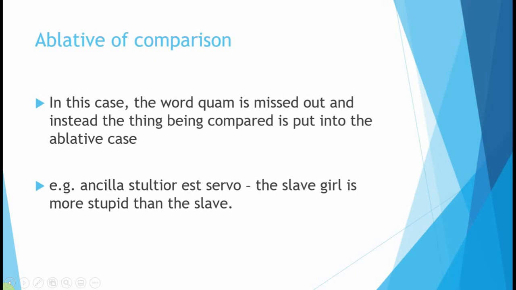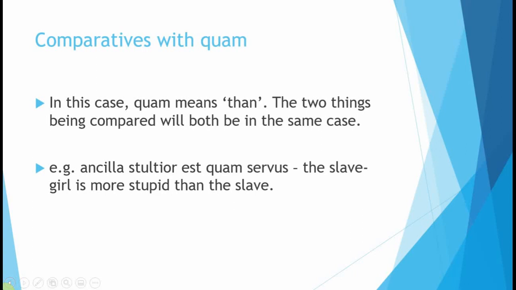You'll notice that the thing being compared, the slave, servo, is put into the ablative case. If you don't particularly understand the ablative of comparison, I don't want you to worry too much about it, because what's really important is that you understand comparatives with quam.